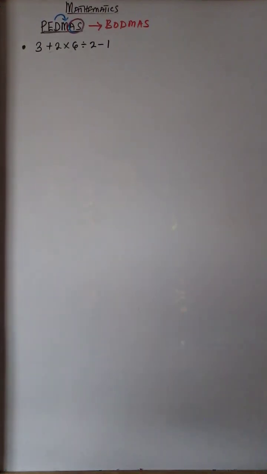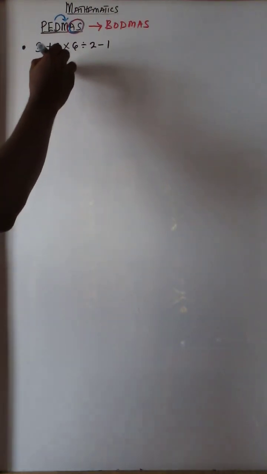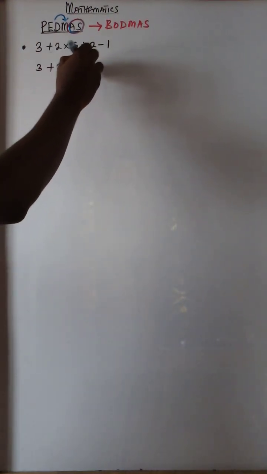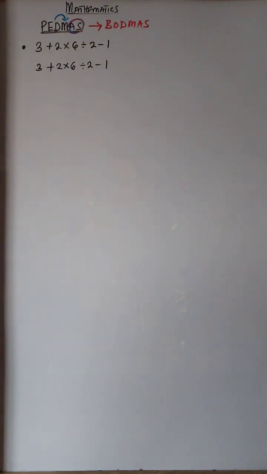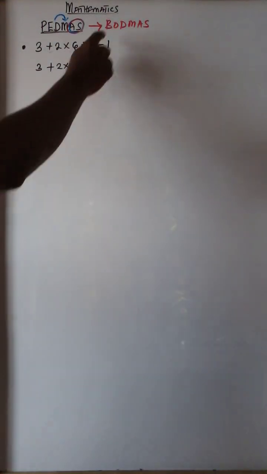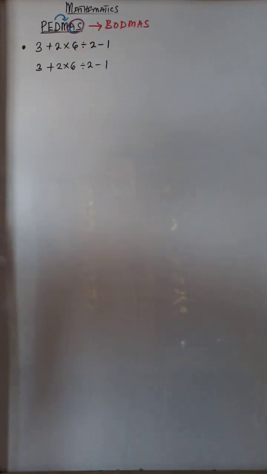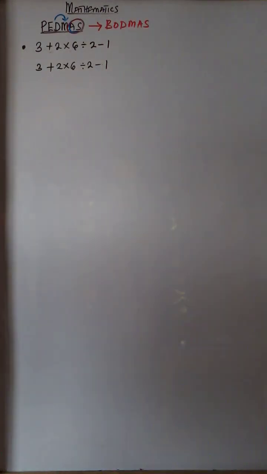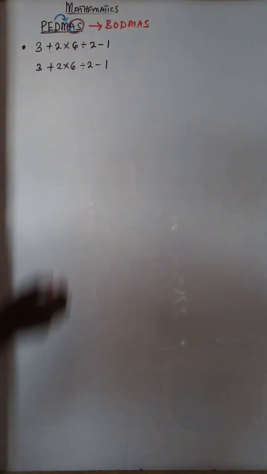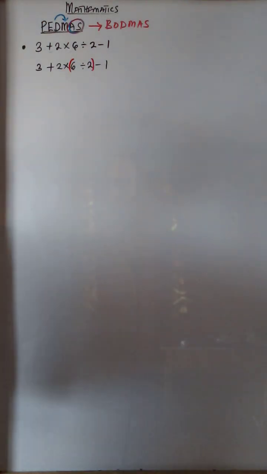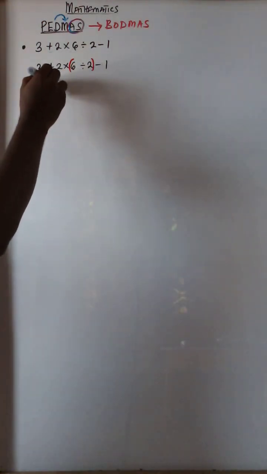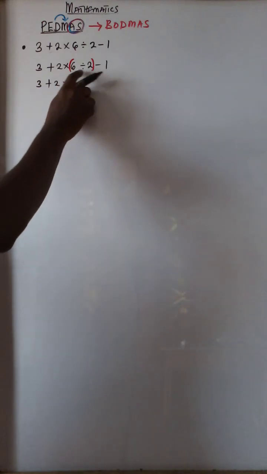Now look at this question. We have 3 plus 2 times 6 divided by 2 minus 1. So what are you meant to do first? There's no bracket, there's no order, so we start with division. Go and look for where you have division, then put it into bracket this way. So 6 divided by 2 is 3.